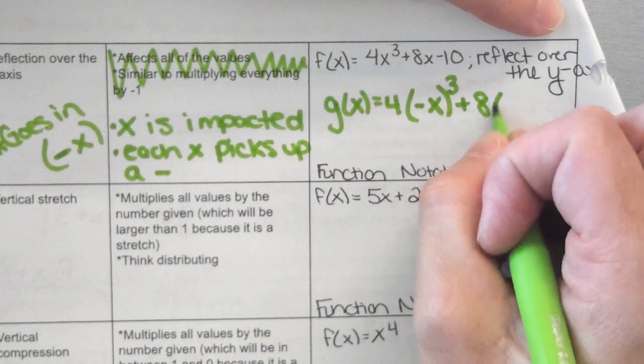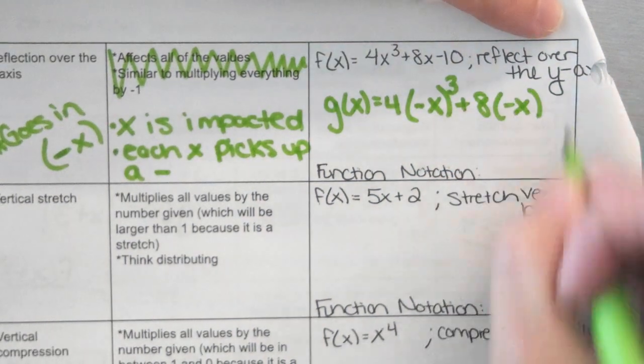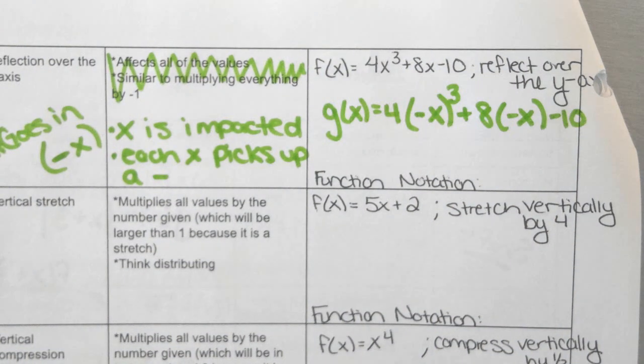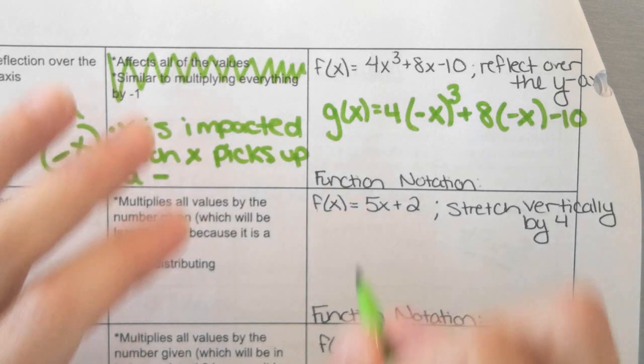Plus 8, and again, I'm going to put the negative right in with the x, minus 10. So I think I just hate the word isolate because of the pandemic and everything that word meant during the pandemic, but that's truly what you're doing, right? You're isolating x in a set of parentheses when you've got horizontal stuff, and the negative's going to go right in with it.